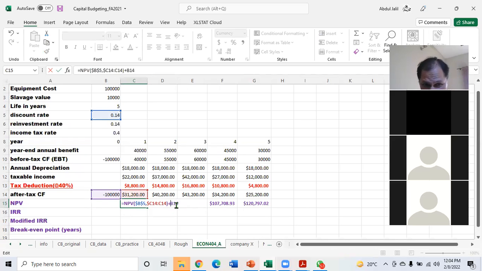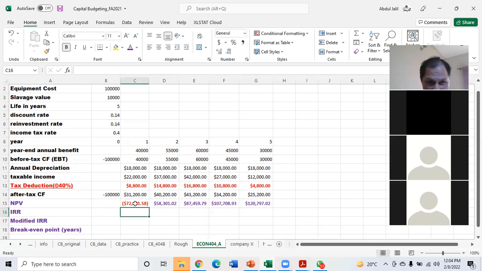If variable cost is included, then definitely it will vary for every year, so it will be mentioned in different columns. But since it's only one value, you need to fix it, right? And then it will become negative.